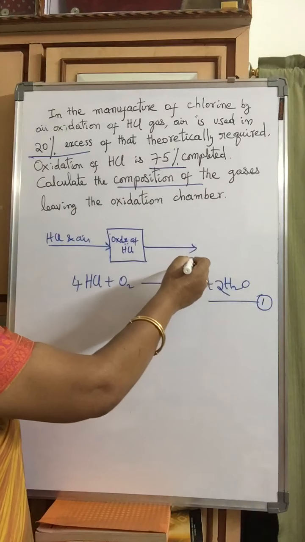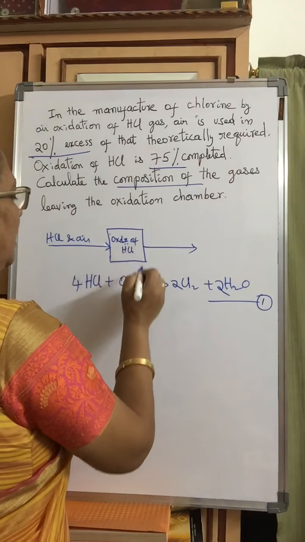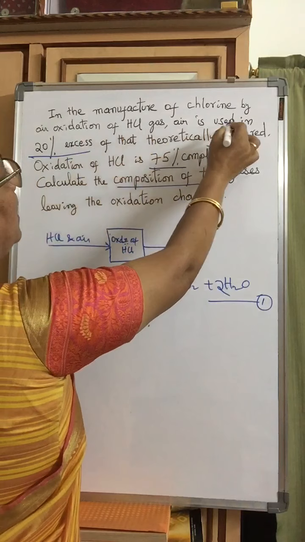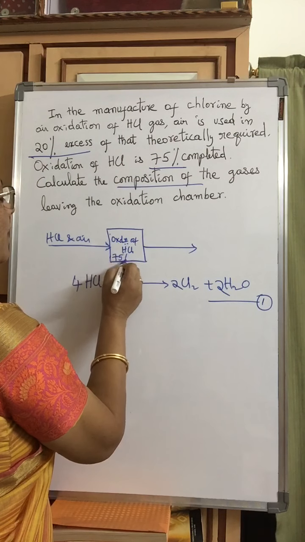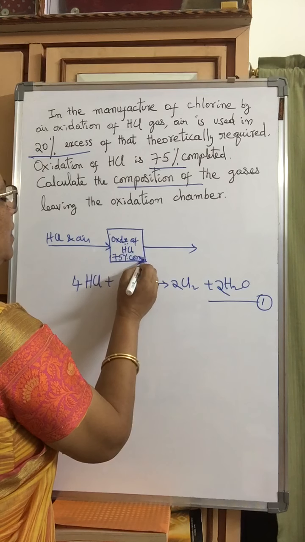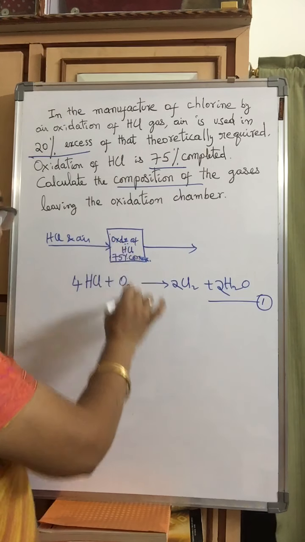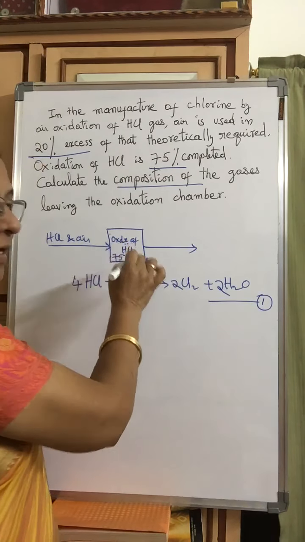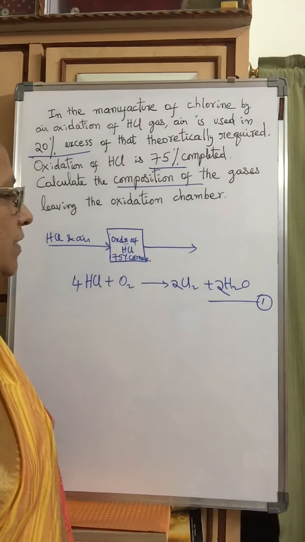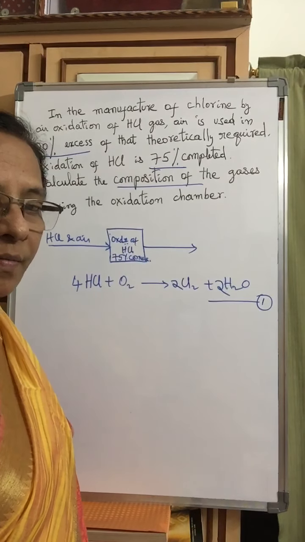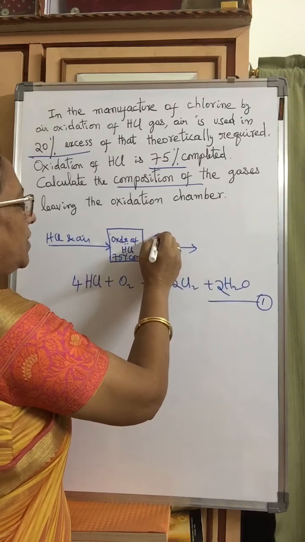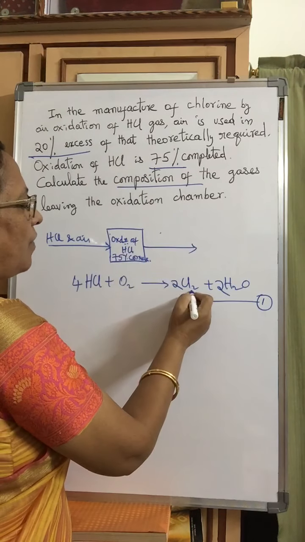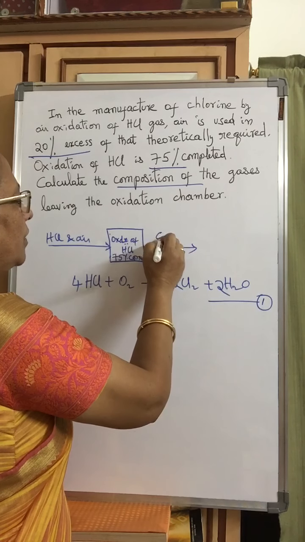And here what components are forming? And the conversion is what? 75% conversion. That means the remaining 25% HCl is entering here and 75% only is converted and the remaining 25% is leaving out as unconverted. So first list out the actual products formed: chlorine and water.